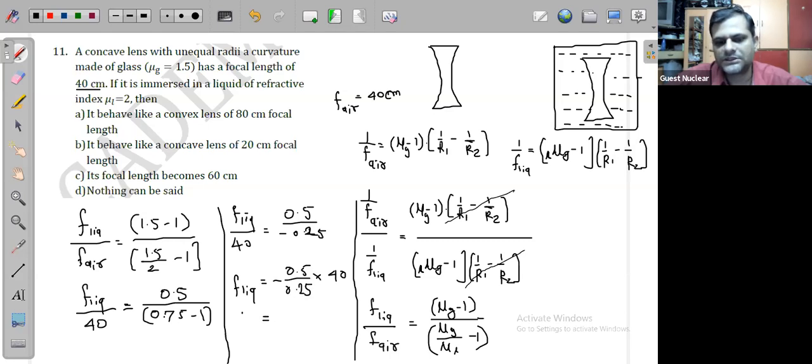So we can just cancel it out and get this as minus 2 times of 40, and hence we can just get it as minus of 80.